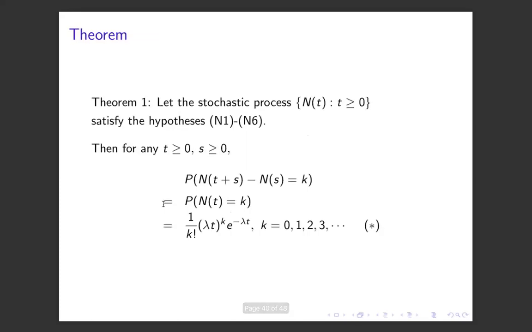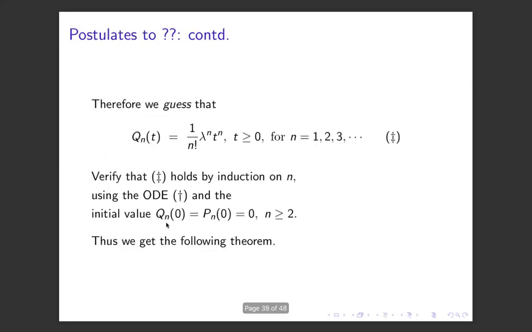So you get probability Nt equal to k is 1 over k factorial times lambda t to the power k multiplied with e to the power minus lambda t, for k equal to 0, 1, 2, 3, etc. Here again, you have to check that we have actually proved this theorem, because this equality follows by assumption N4, and this follows by our having evaluated Qk.